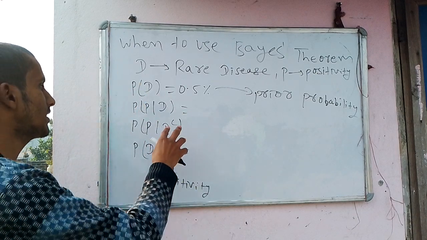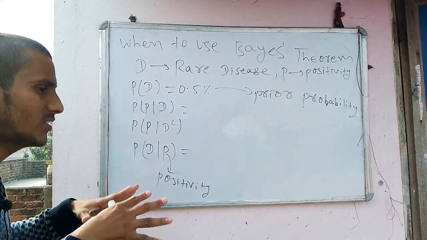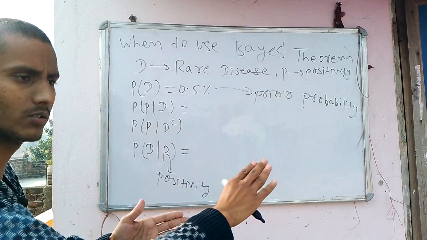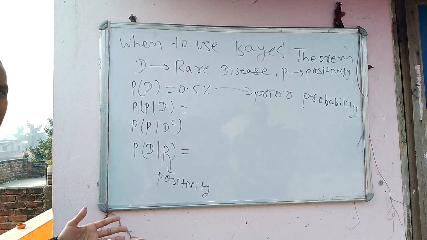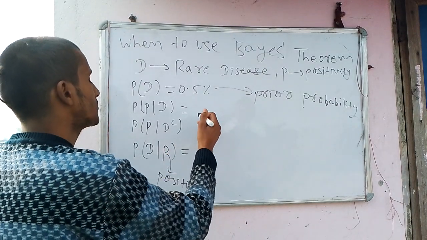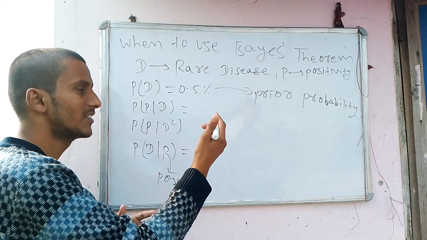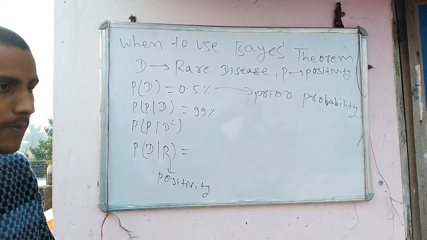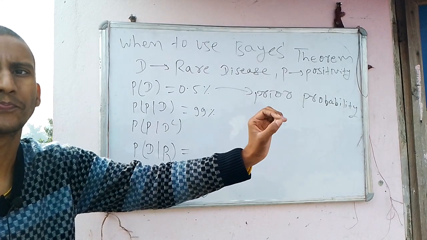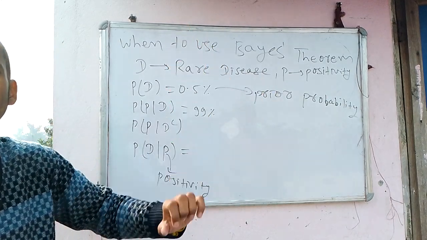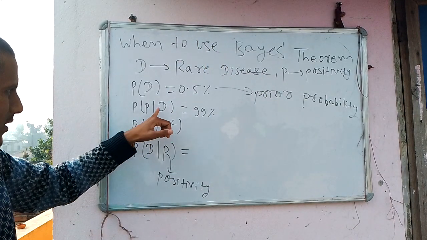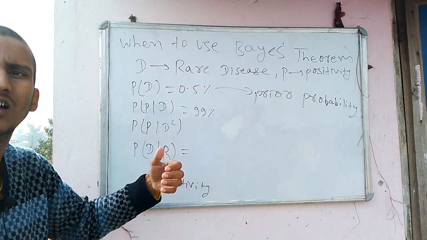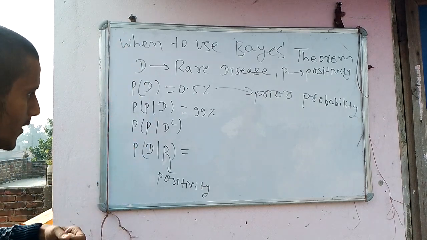Let's say you do the research among the people who have the disease. You do the test, and let's say 99%. Let's say there's too much accuracy of the test. 99% of the people tested positive. So among the people who have the disease, 99% tested positive.